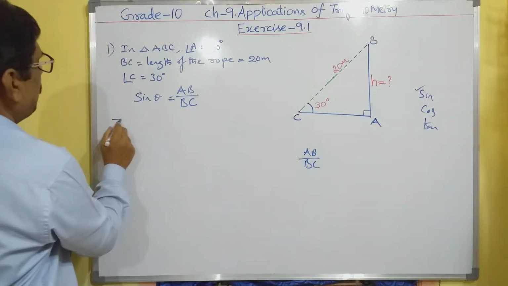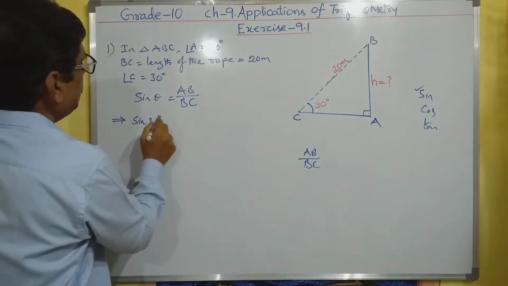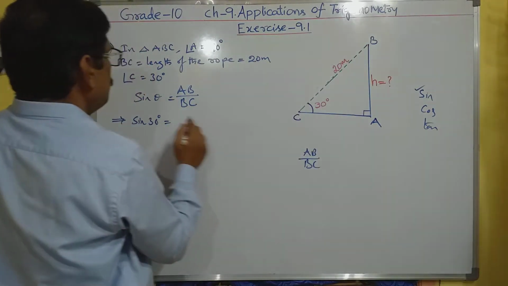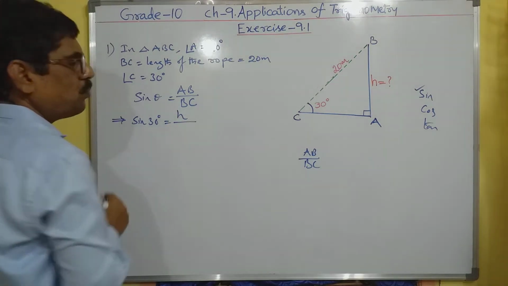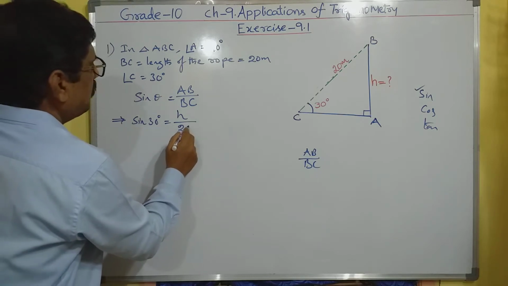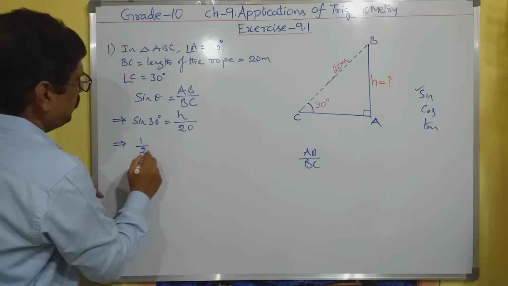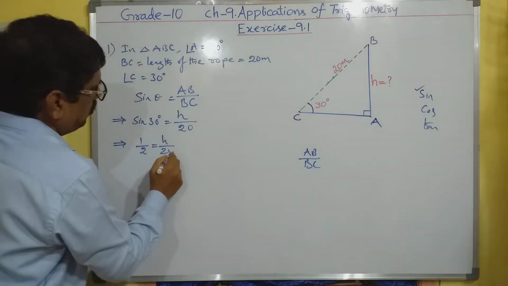Now this implies, what is the angle given? The theta given is 30 degrees, and AB value is not given, which we have to find out. And what is the BC value? BC value is 20. So sine 30 value is 1 by 2, equal to H by 20.